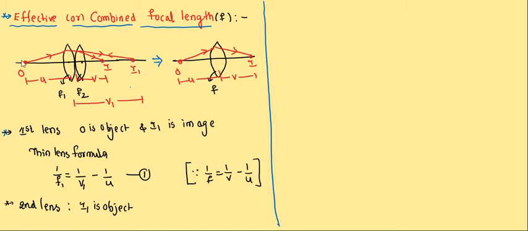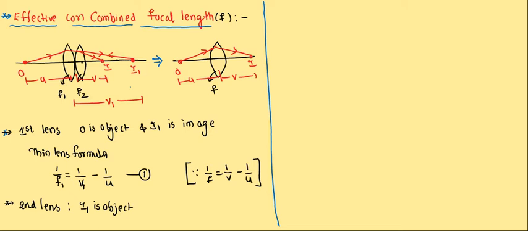O is the object for the first lens. This first lens forms the image I1, and this image I1 will act as the object for the second lens. The second lens forms the image I. That means for the second lens, the object is I1 and the image is I.